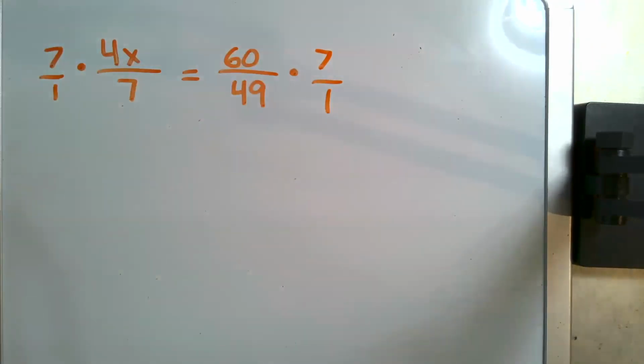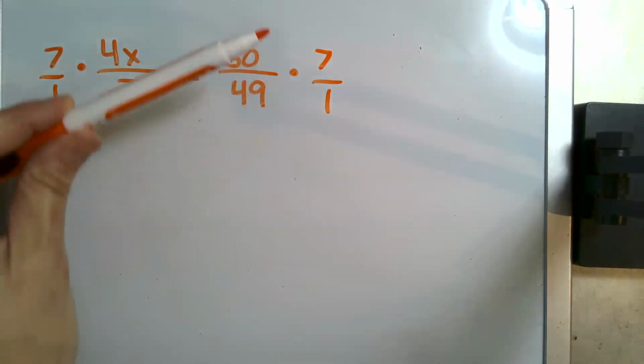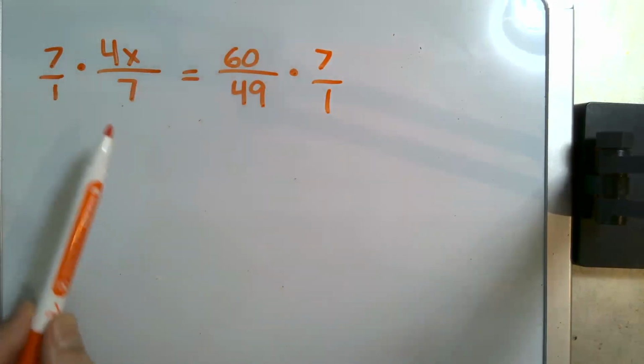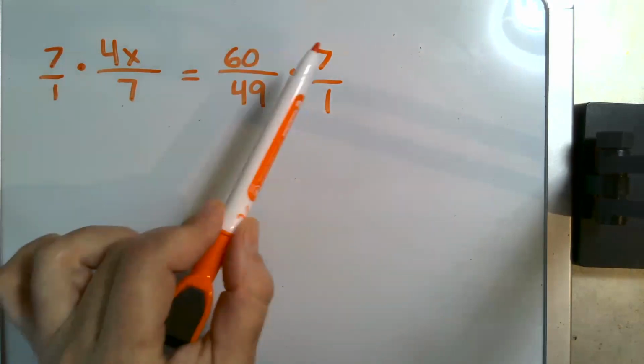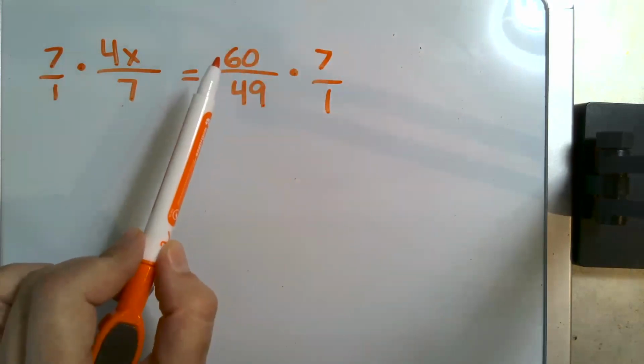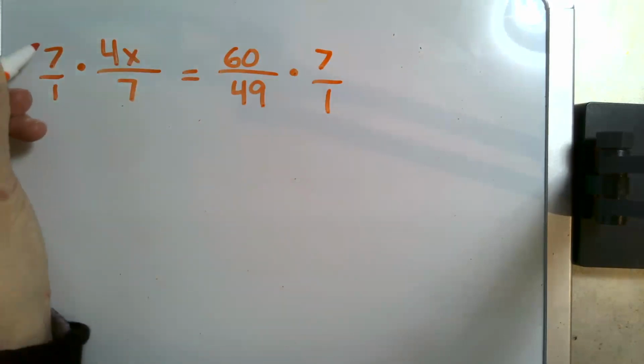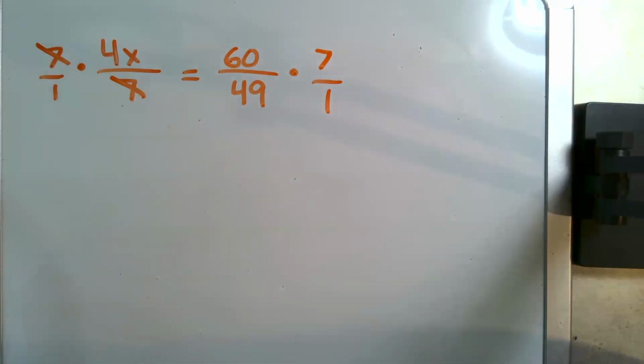Now notice, multiplying both sides by 7 is the first loop of the bow tie. That is multiplying 7 times the 60, right? And what it does on this side is it eliminates the 7 on the bottom. Our next step to get the x by itself would be to divide both sides by 4, or to multiply by 1/4.